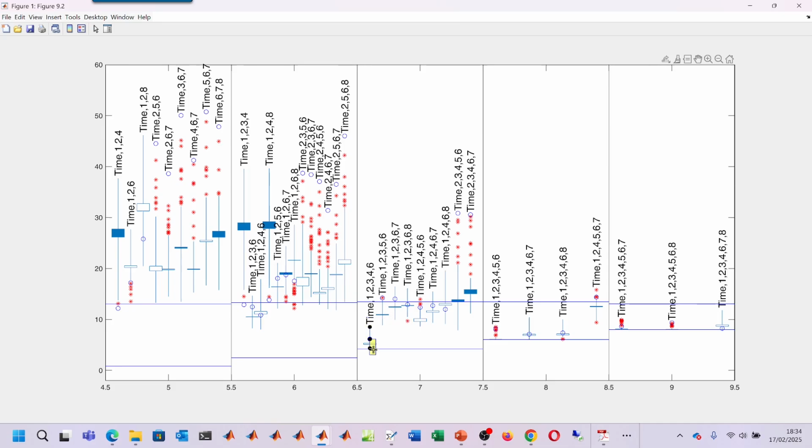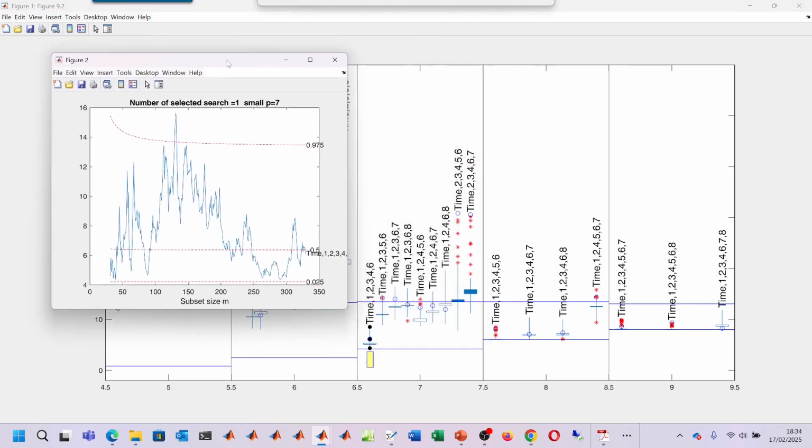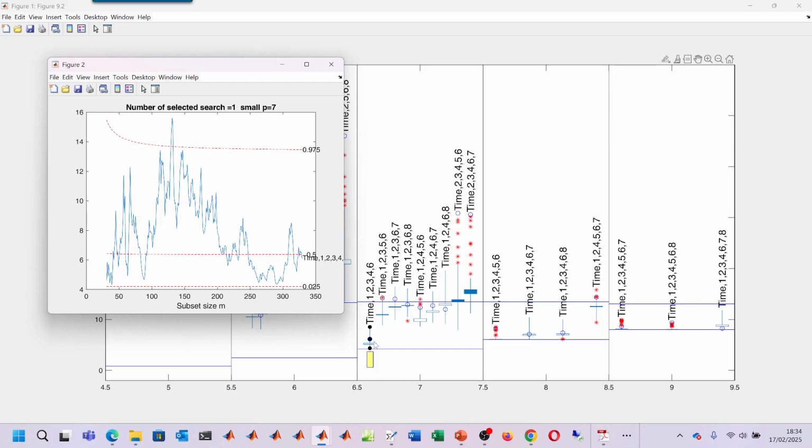Now let us see in more detail this trajectory, and here it is. As anticipated by this candle, this trajectory is always inside the search, and the final observations do not seem to appreciably change the value of the trajectory of CP.